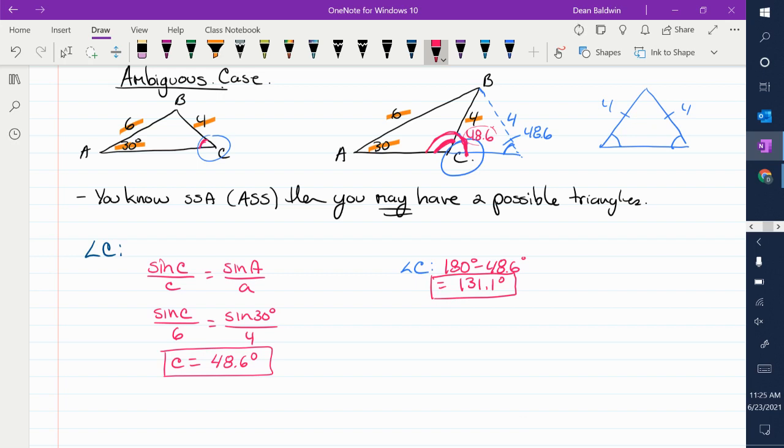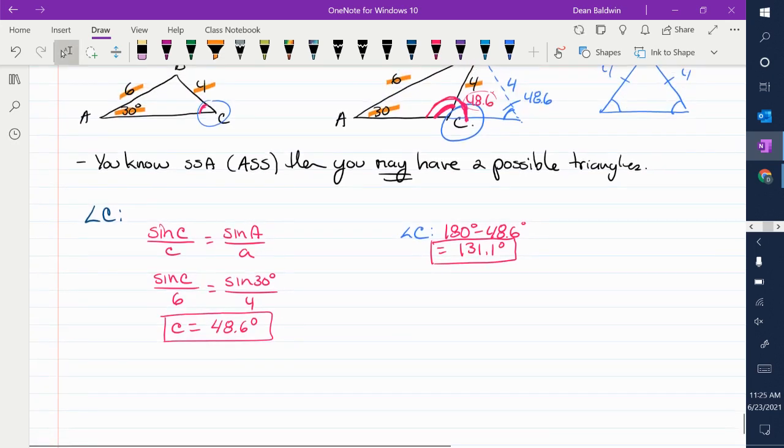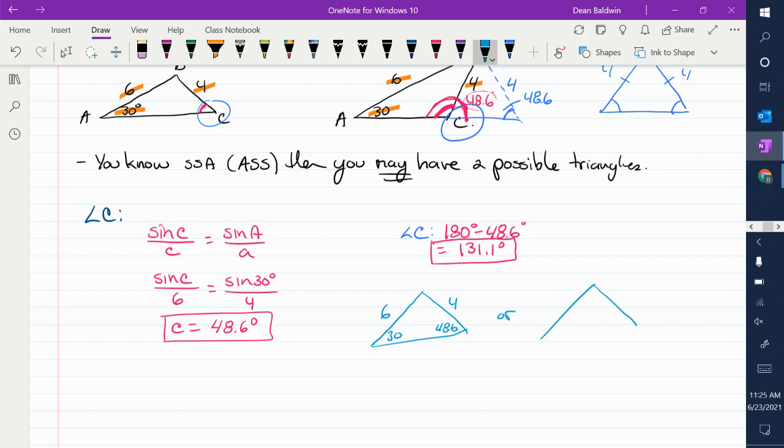So that's how the two triangles, if you were to draw them out correctly, what they're labeled would look like this. You're going to have 6, 4, 30, and this angle here is 48.6, or, whoops, 6, 4, 30, and then this angle here is 131.1 degrees.